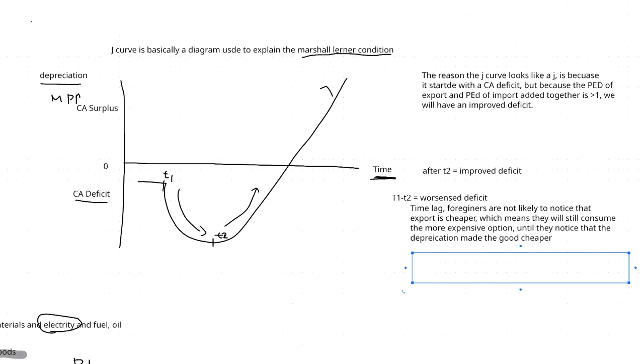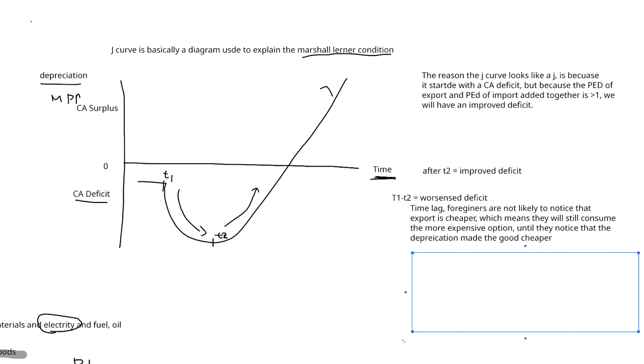But most of the time, these producers have a contract with who they are importing from. So the contract may say that in the next 3 months, you need to import from us.